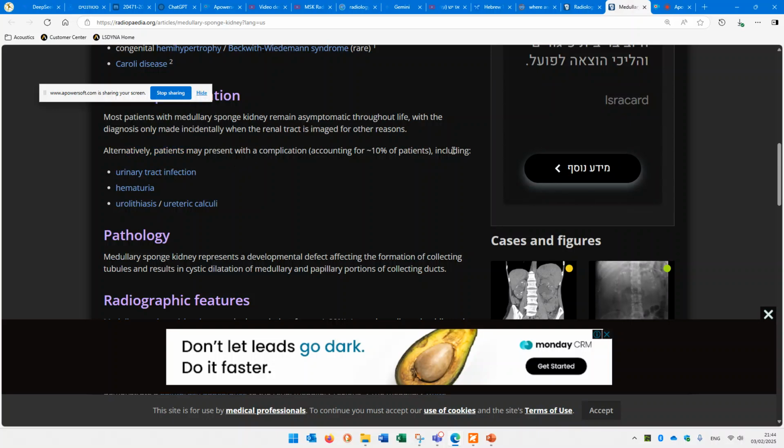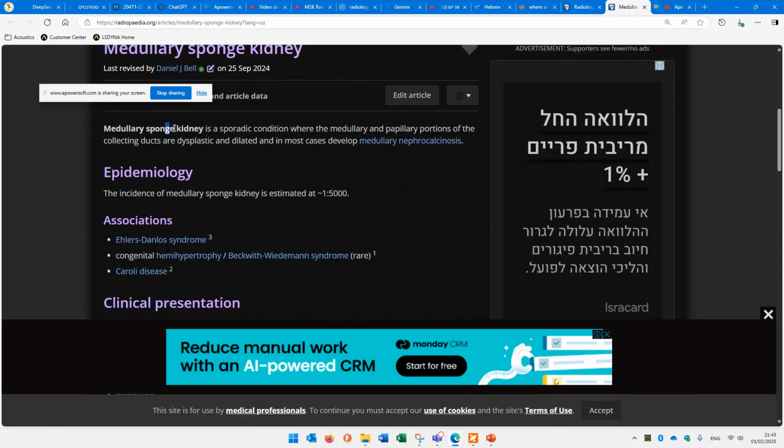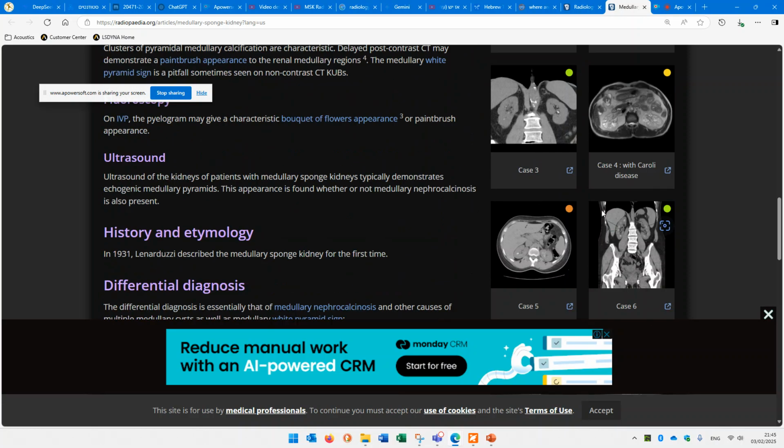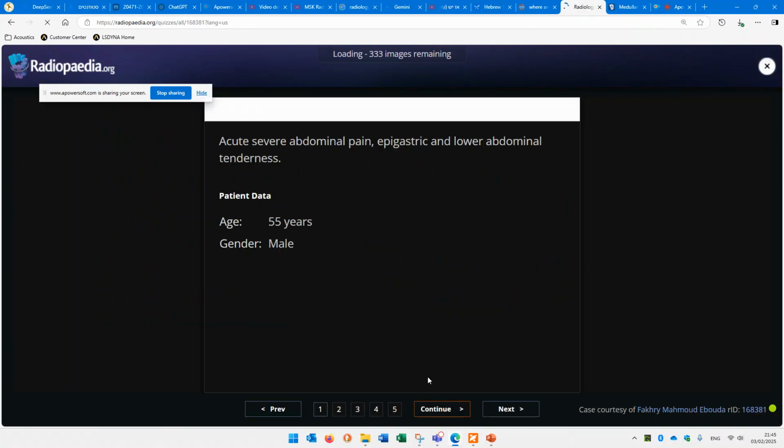Patients with complications are around 10%, including urinary tract infection, hematuria, and renal lithiasis. Okay. Medullary and papillary portions of the collecting ducts are dysplastic and dilated. Okay, let's continue to the next case.